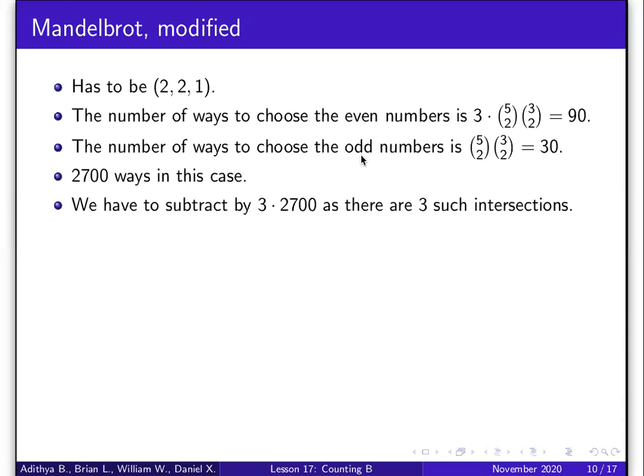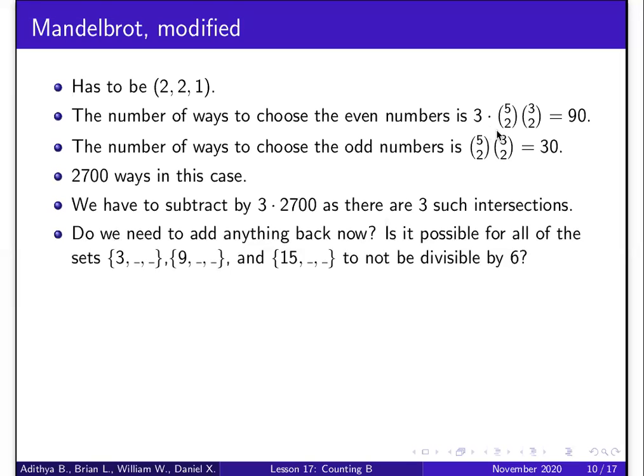So we have to subtract 3 times 2,700 here. And now remember, if we're using pi, the last step would be to add back the intersection of all 3 cases, so when none of these 3 sets has a product divisible by 6.